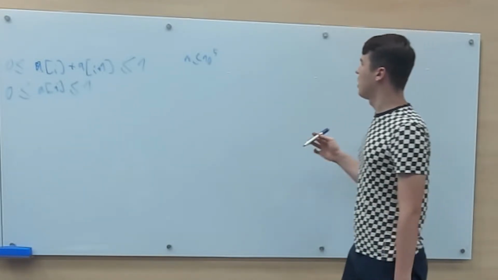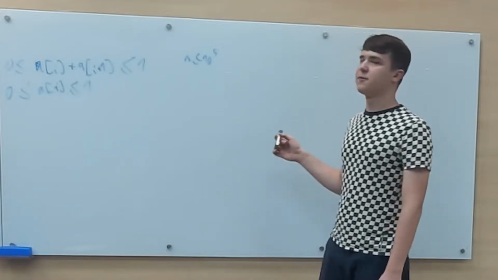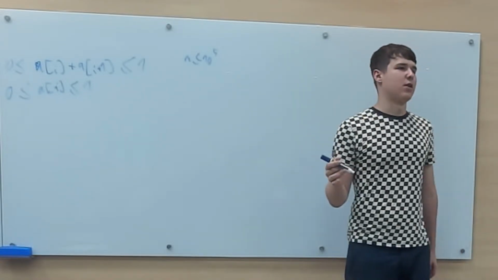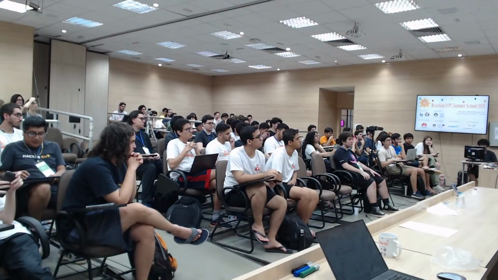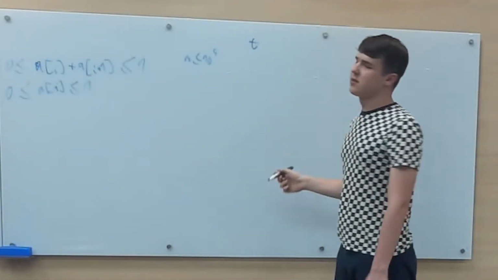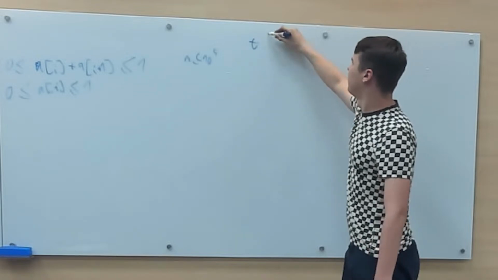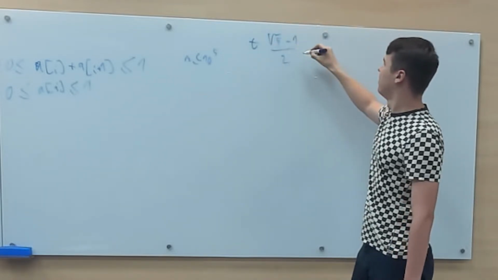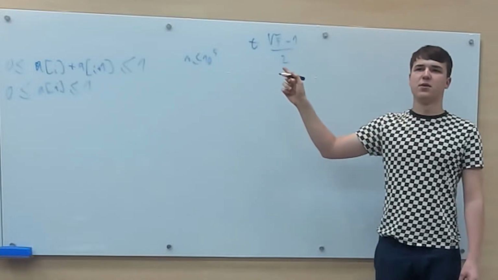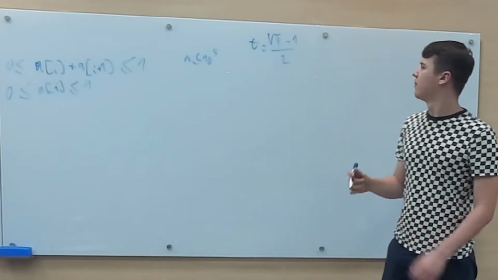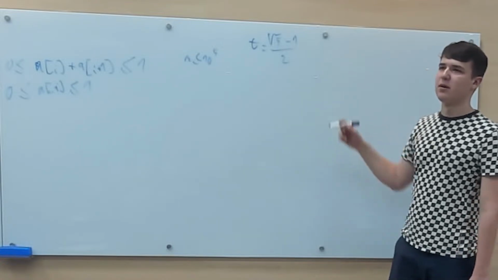Okay, so who ever heard of Binet's formula for Fibonacci numbers? There is, for some number t, I think it's this value, but I don't remember for sure. It's a golden ratio number.